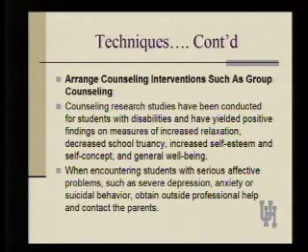We know that group counseling techniques have been very, very effective for children, for example, who are going through a divorce, who are dealing with substance abuse issues, who may be dealing with weight issues, eating disorders of one sort or another. So peer groups are very, very powerful in changing and supporting student behavior of all kinds, and this might be a strategy you would want to try in your school for underachievement as well.